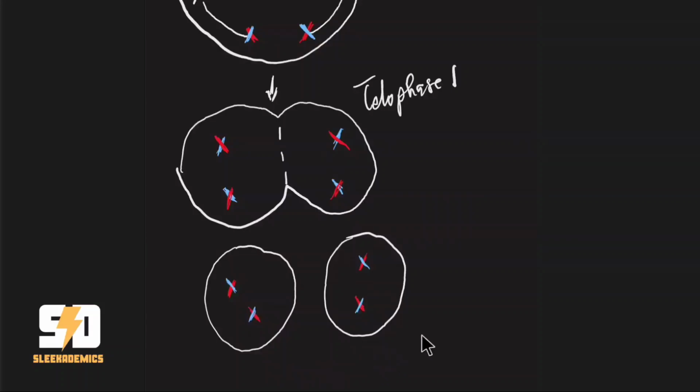All this is what we call the first meiotic division. All right, so this is the first meiotic division, because these two cells will now go on to the next division and undergo the same process. So let's quickly look at the second meiotic division.